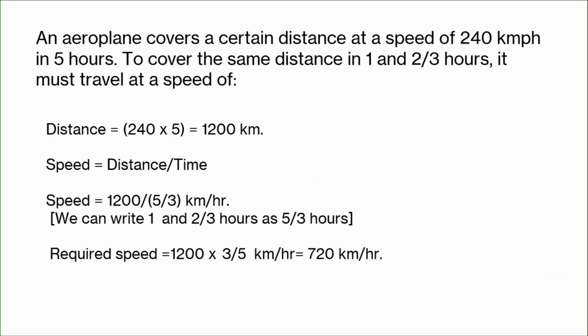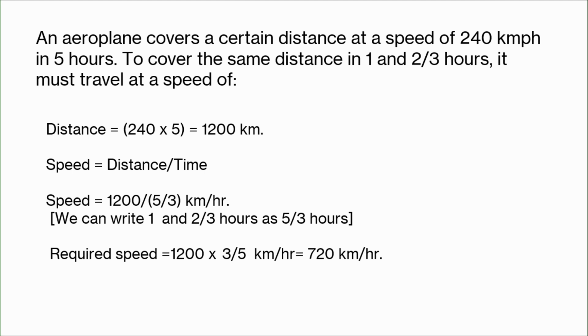An aeroplane covers a certain distance at a speed of 240 kilometers per hour in 5 hours. To cover the same distance in 1 and 2 by 3 hours, it must travel at what speed? The condition is given.